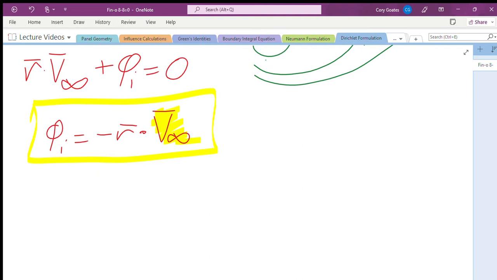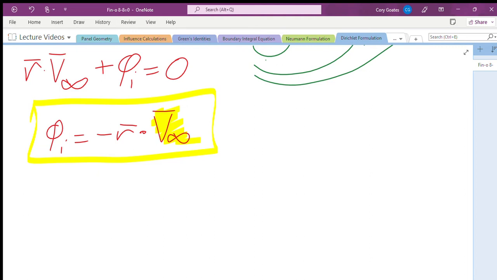Now, how do we turn this into a useful system of equations? Well, let's think about n unknowns and equations. Our unknowns is over each panel we need to know what the doublet strength is, and we have one doublet strength per one panel. That means we need to apply this equation as many times as we have panels.